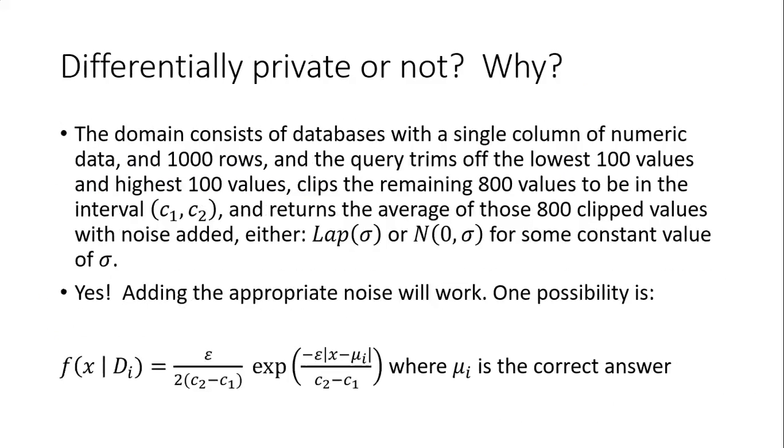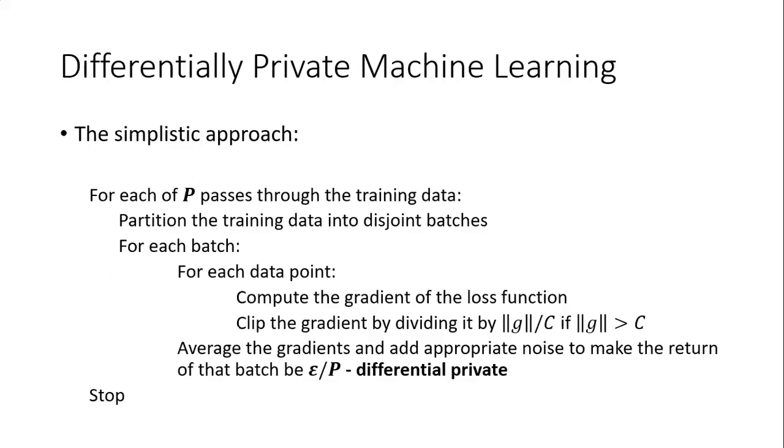So this leads exactly into a very simplistic technique for doing differentially private machine learning, which is just that as you go through your training data, you first partition the training data into disjoint batches, and then for each batch, you compute the gradient of the loss function at each point, and then you clip the gradient.